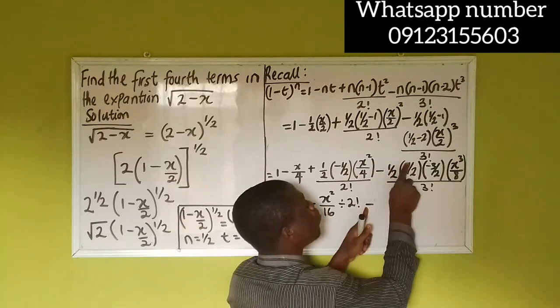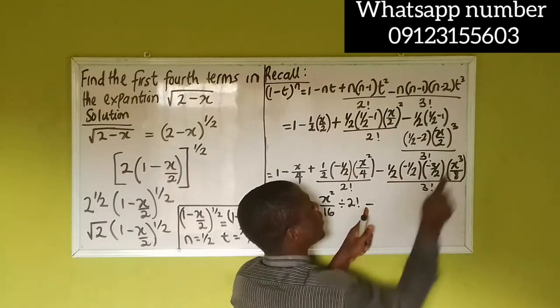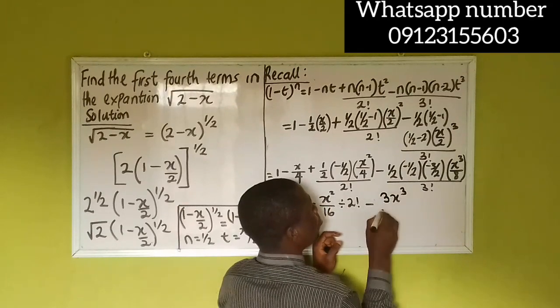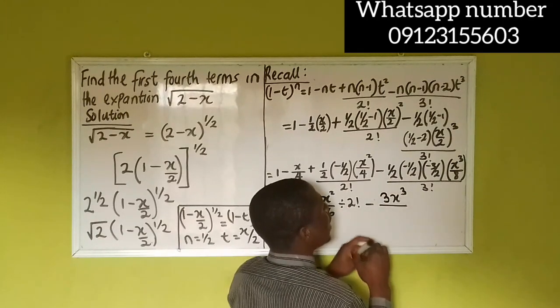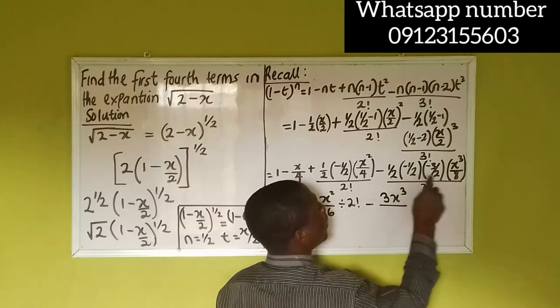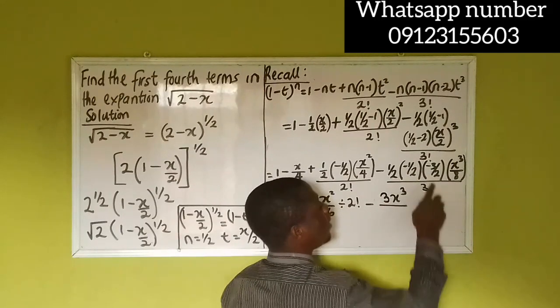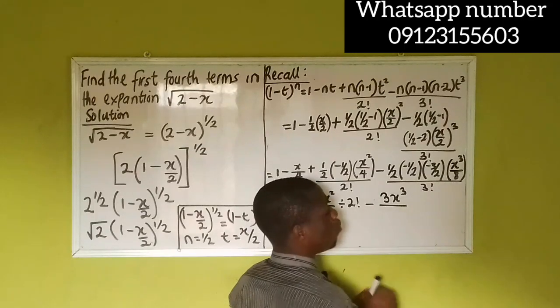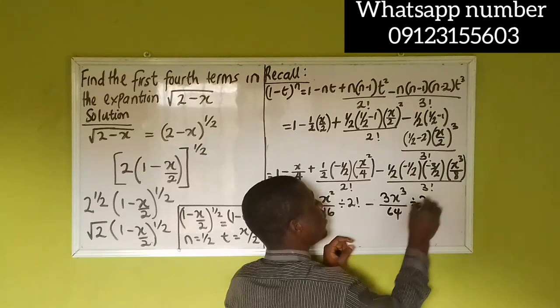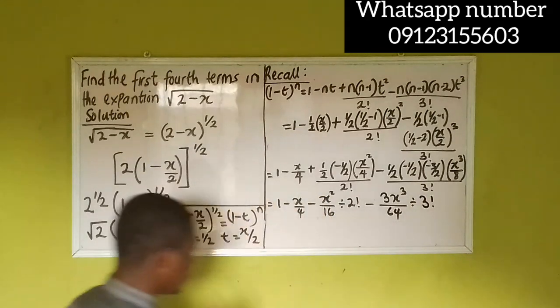Now, 1 times 3x cubed, that becomes what? 3x cubed over, now listen, I have 2 times 2, 4, 4 times 2, 8, right? 8 times 8 is 64, I have 64, divided by 3 factorial, I have this.